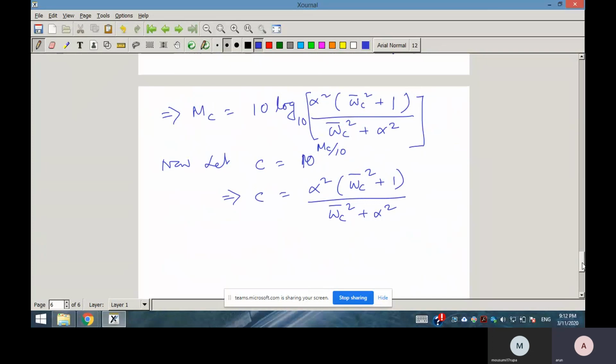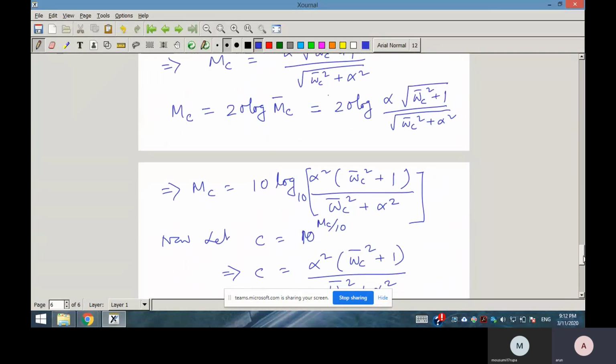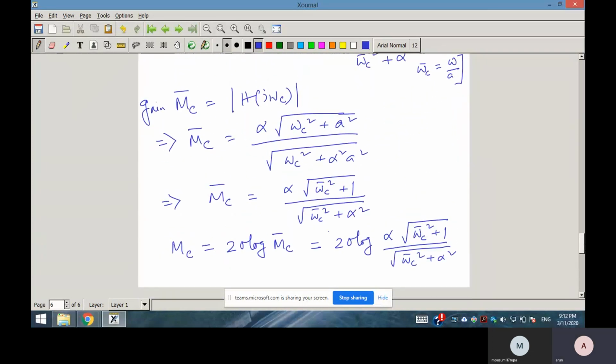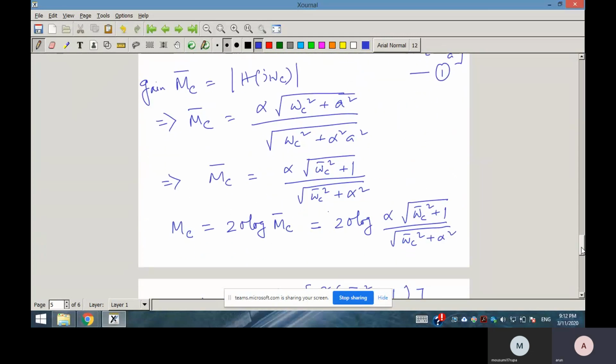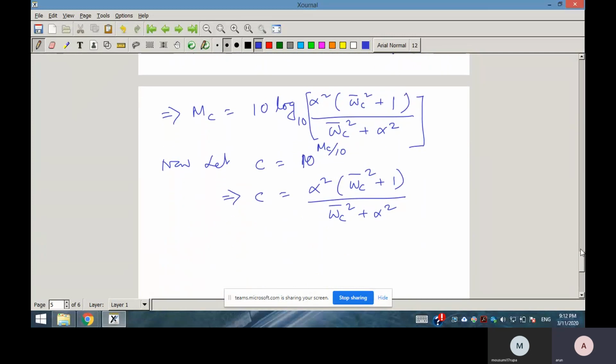So now suppose this is some equation number we have to give. Suppose Q equal to this one you consider as equation number 1. Suppose C equal to this one you consider as equation number 2.